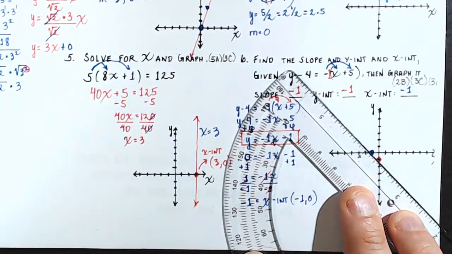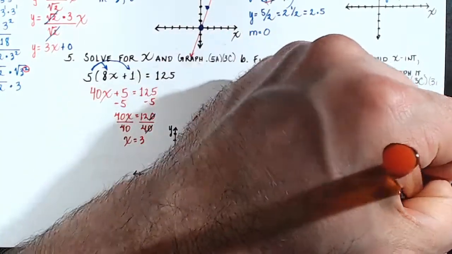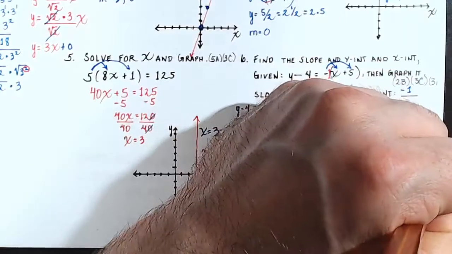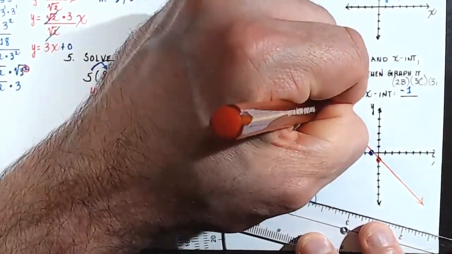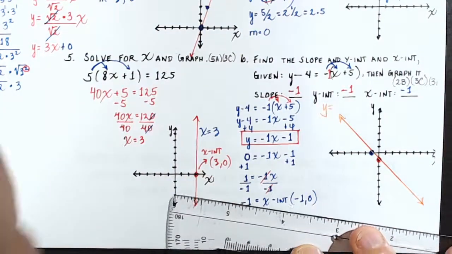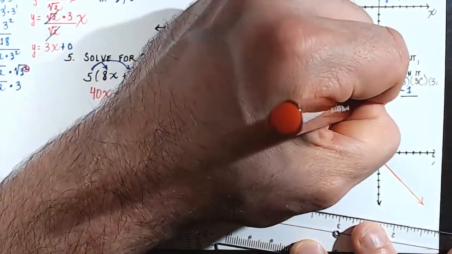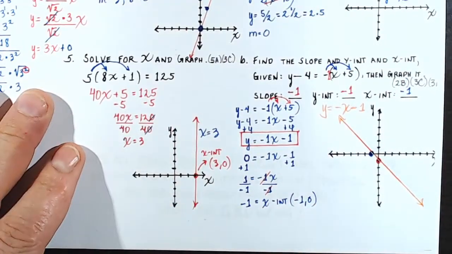So I guess I'll use orange for this task. Draw a line passing through those 2 points, and that equation is y equals -x minus 1. Okay, and that is the warm-up.